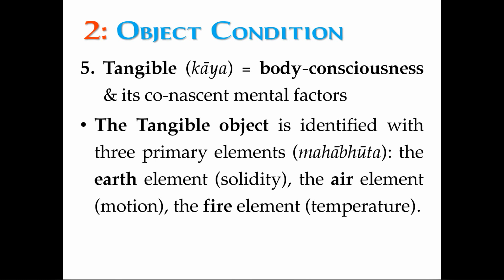So tangible object is identified with these three great elements. So here, the water element cannot be touched. When you touch the water, you will sense warmness and coolness, right? That is temperature.